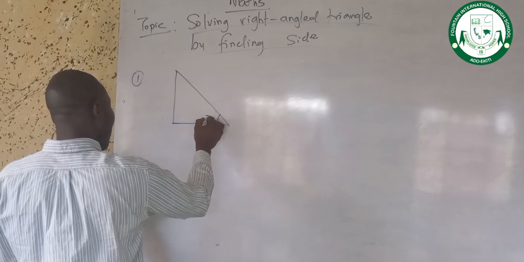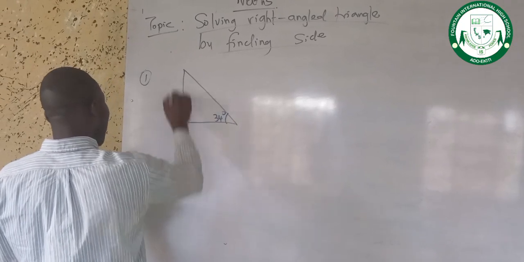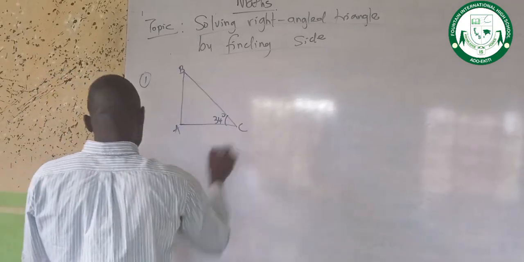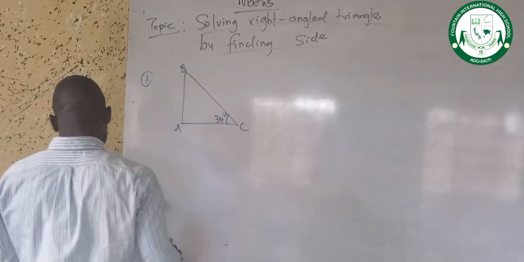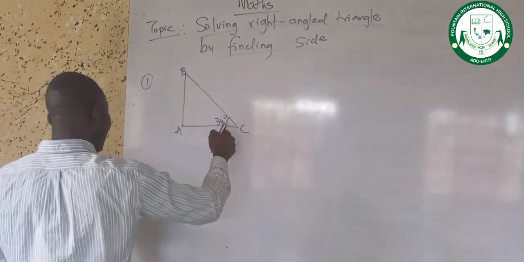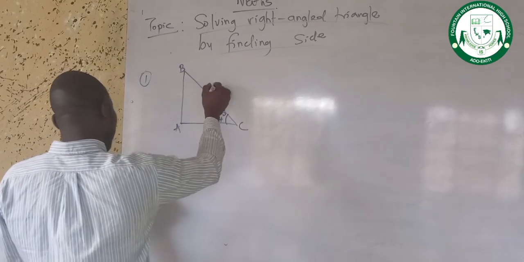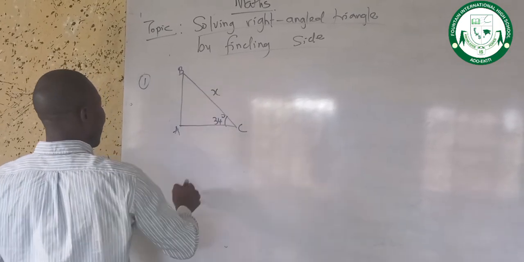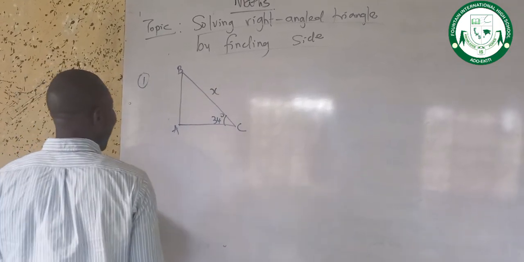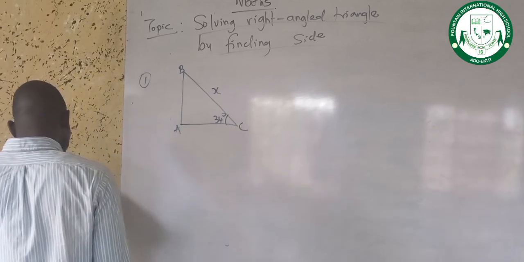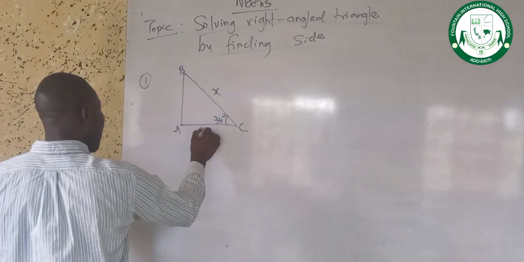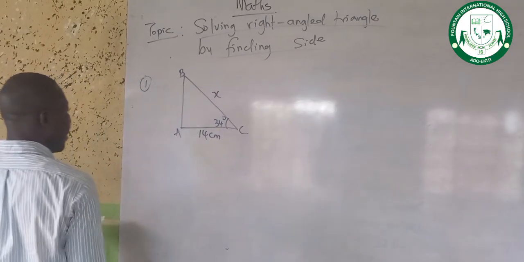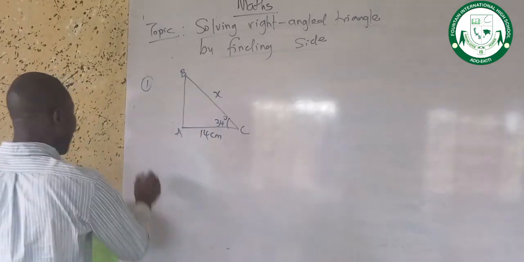Let's say this place is 34 degrees. Let's call this one A, this one B, and this place C. There's 34 degrees here. Let's say we are looking for this place, let's call this one X. Let's get the value of X. That's the first question. And this place, let's make this to be 14 centimeter, we should get this place.